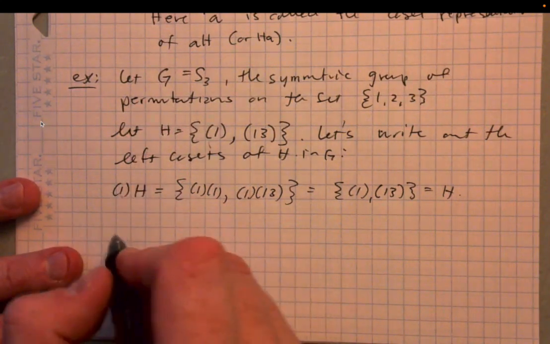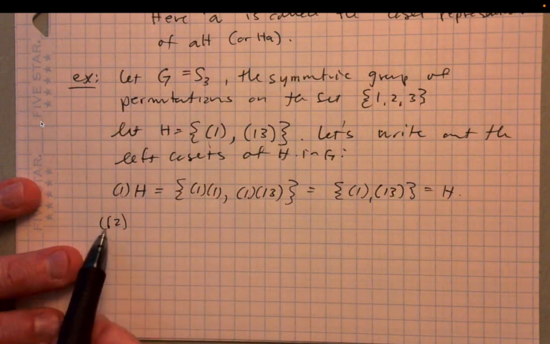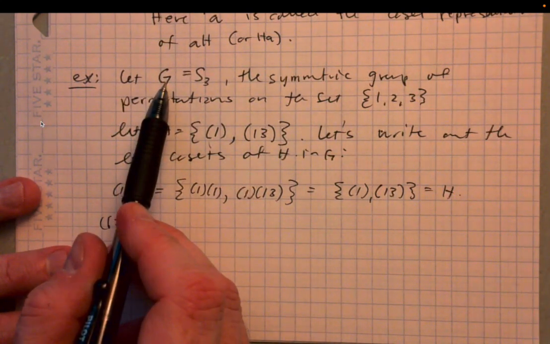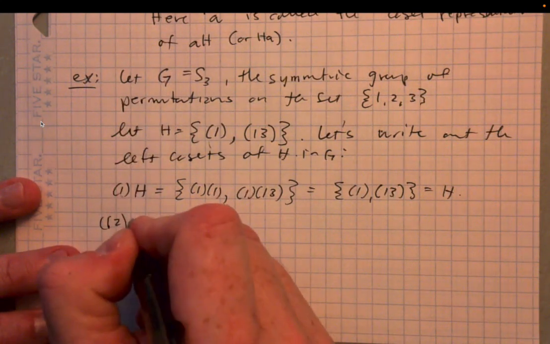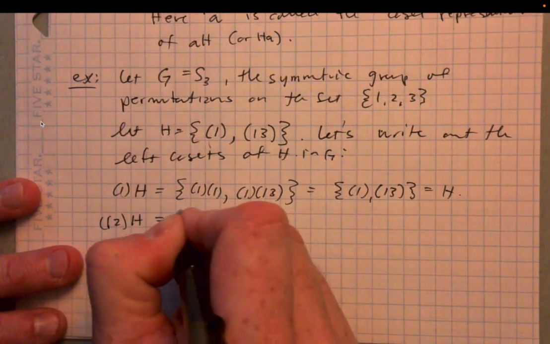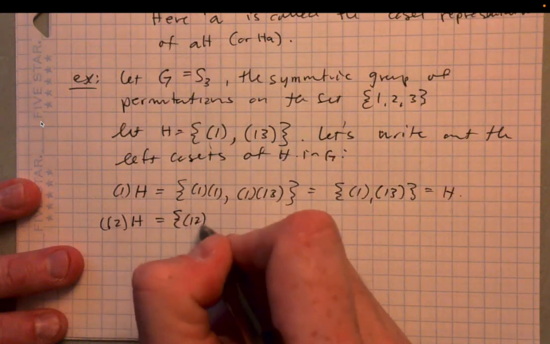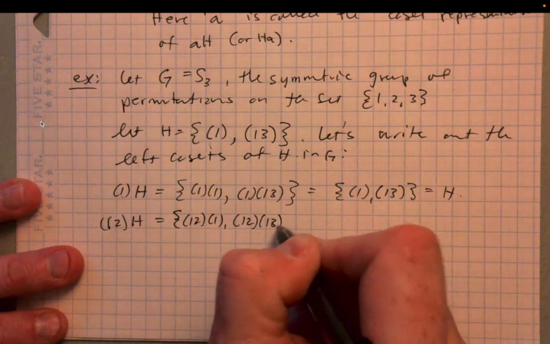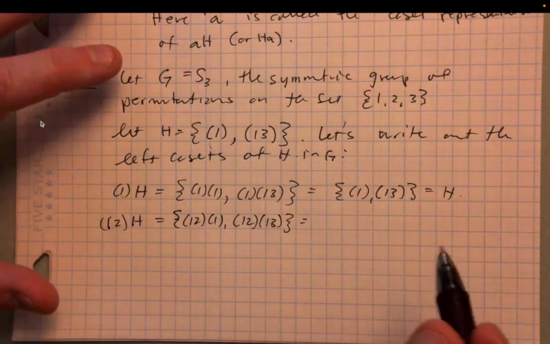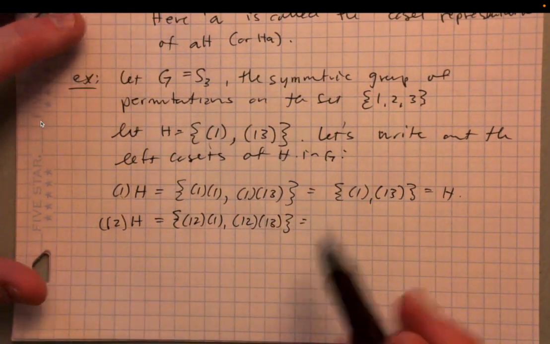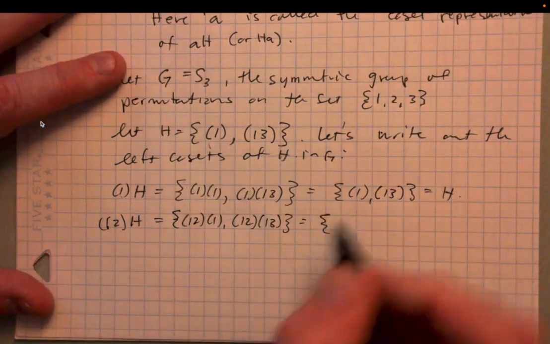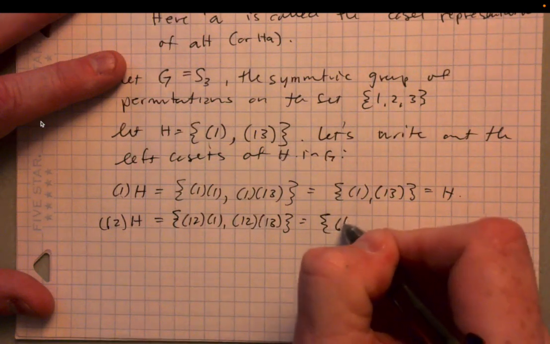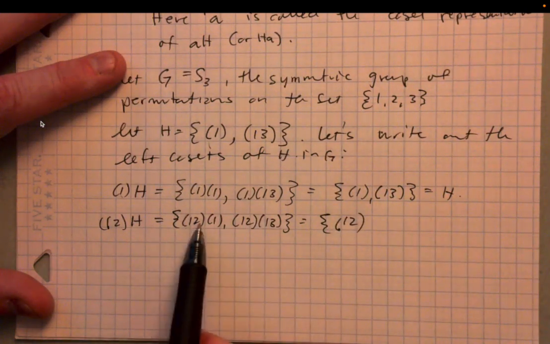Let's look at a more exciting example, (1 2). Again, (1 2) is an element of G, and we're going to multiply it by all the elements of H. So I get (1 2) times the identity, and then (1 2) times (1 3). We can simplify these and make them disjoint. 1 comes in, it goes to 2. 2 comes in, and it goes back to 1.